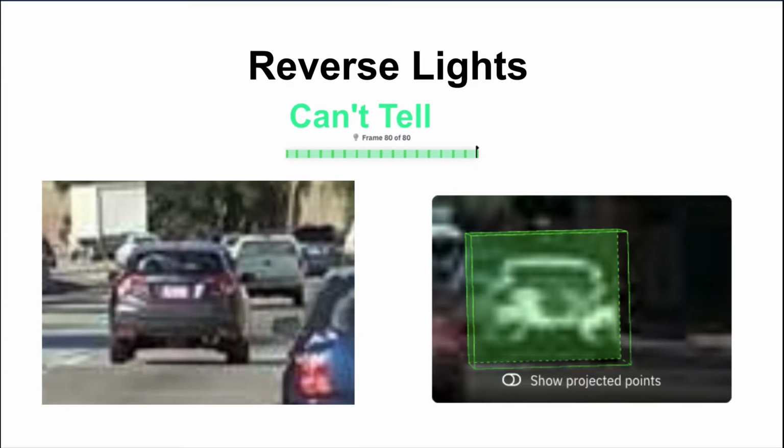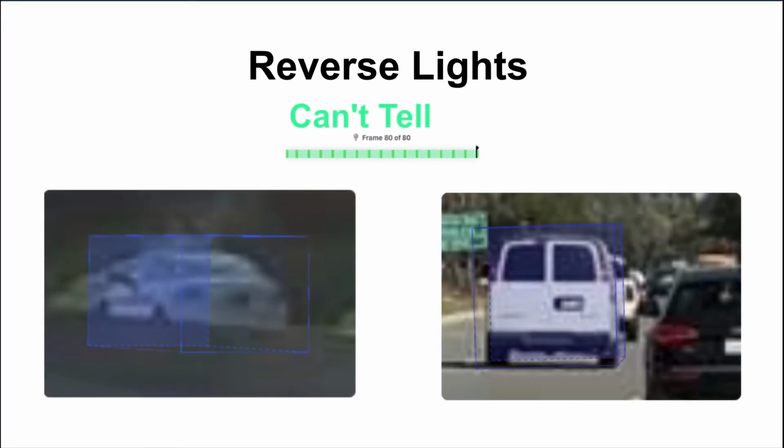These are when the object is too blurry in the camera view. Same thing here. It's a little too difficult to make out the lights on these cars. So we're gonna put can't tell.